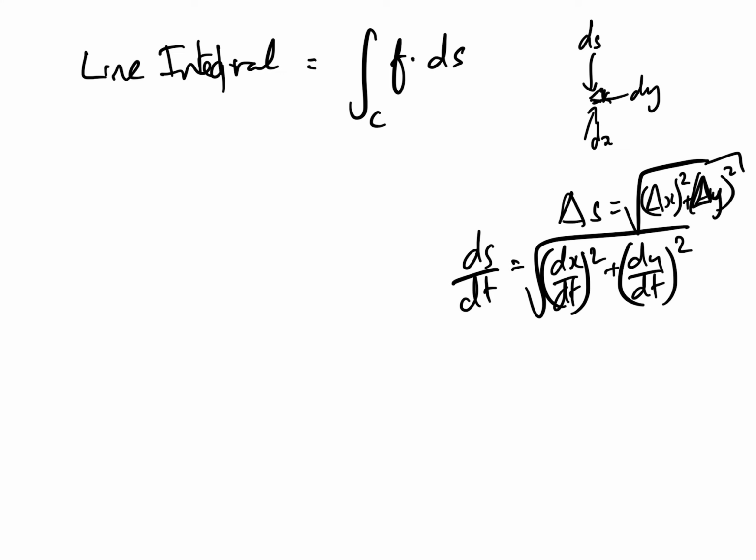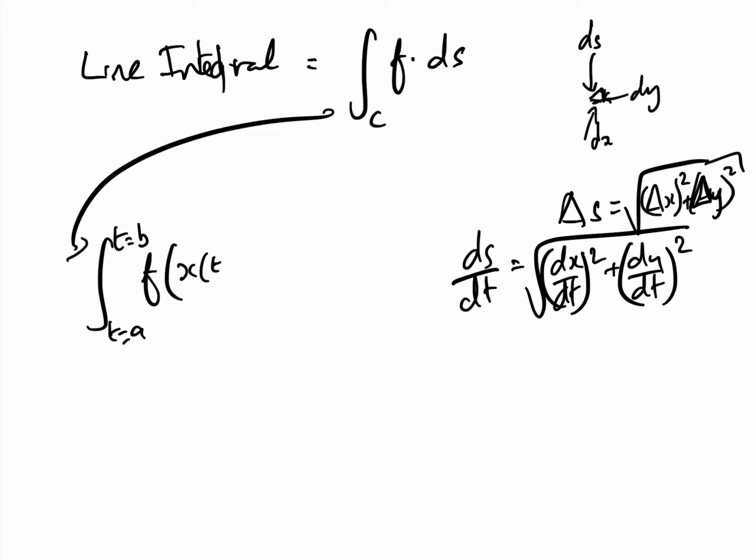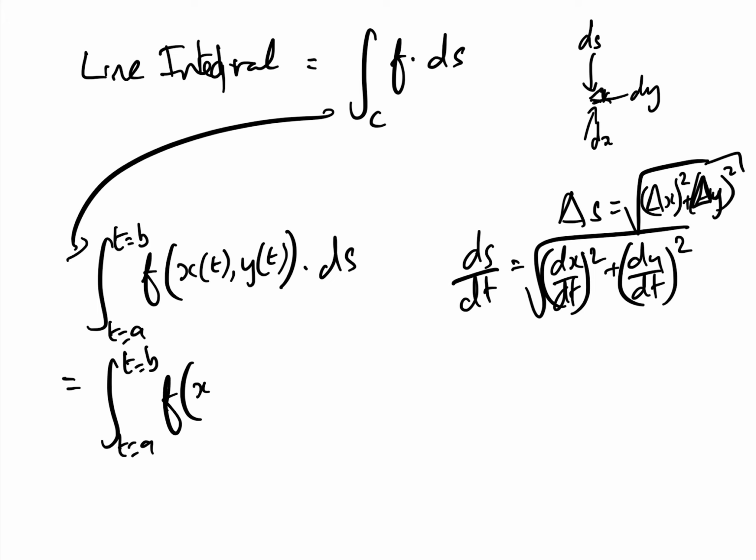So basically we're going to use parametric equations, and this becomes the integral from t equals a to b of f(x(t), y(t)) times ds, which is the same thing as the integral from t equals a to b of f(x(t), y(t)) times ds/dt, which is where this comes in, times dt.